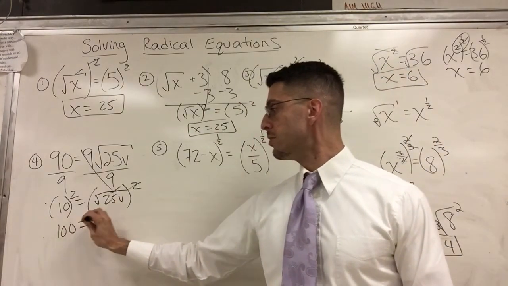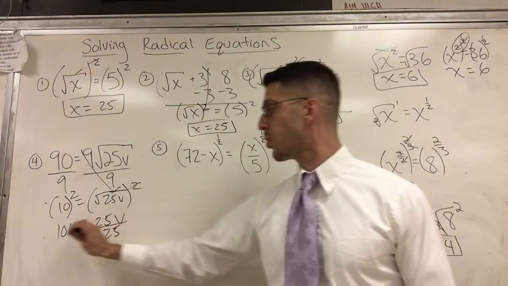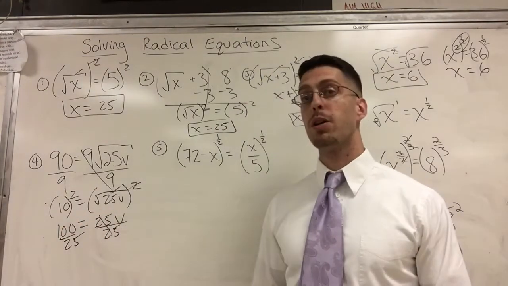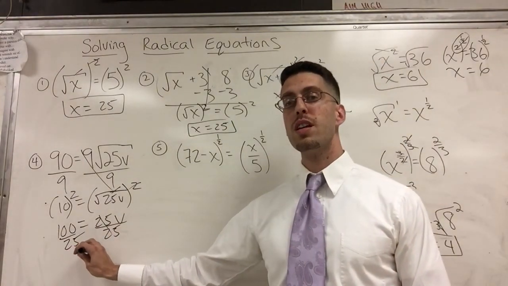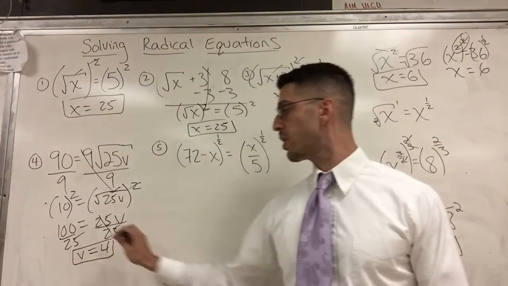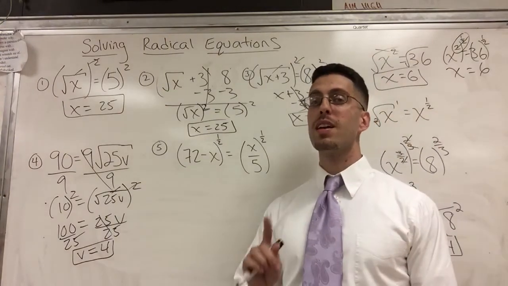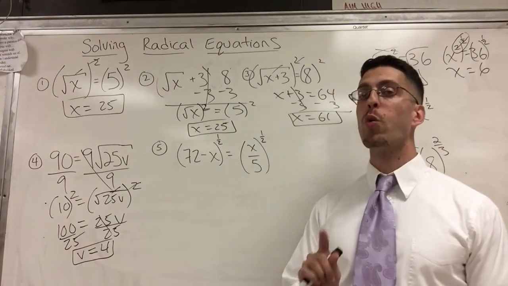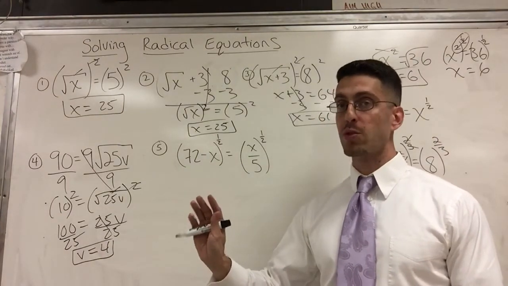So what happens here? 100 equals 25v. And now it's very easy, one-step equation. I divide by 25 on both sides. And if you can see this, v equals 100 divided by 25 is 4. Okay? Also, what I'm skipping is the check. You should always check because these not always work out to an answer.